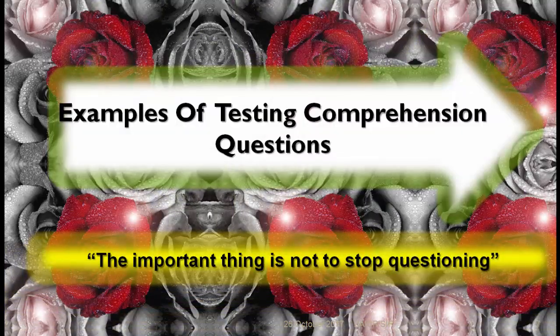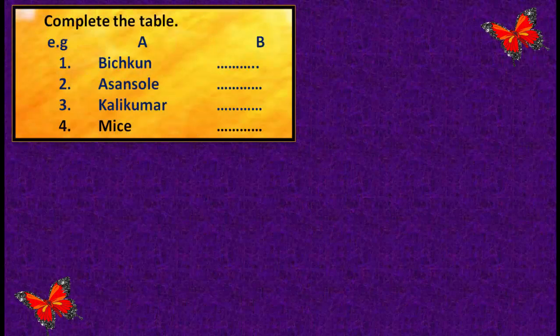My dear friends, if this question is asked in this form, complete the table, you will be given 4 points, and in column A you will be given the question format, and in column B you have to write the answer by finding it in the passage.